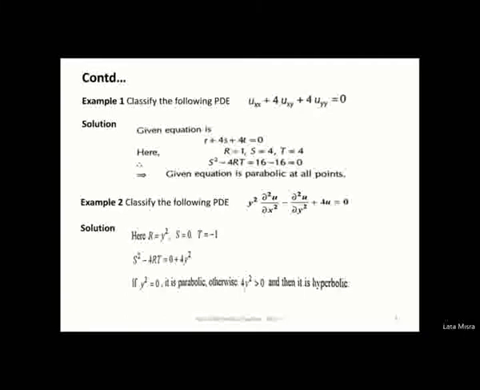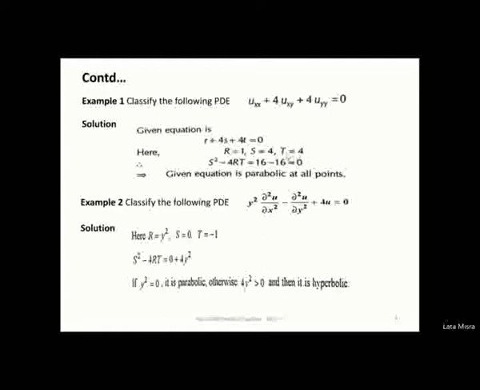Comparing to the partial differential equation Rr + Ss + Tt + f(x, y, u, p, q) = 0, we write the equation as r + 4s + 4t, where u_xx is replaced by r, u_xy by s, and u_yy by t. Now we see that R = 1, S = 4, T = 4.